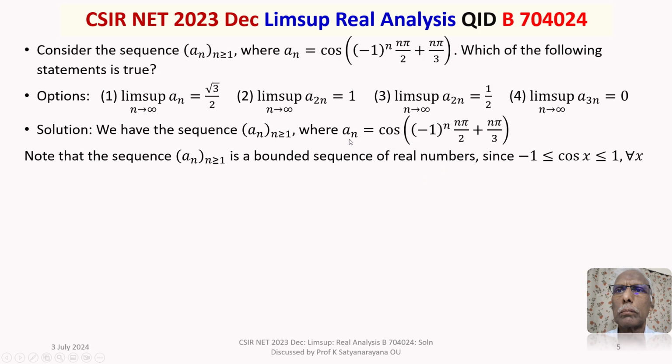Because every nth term involves the cos function, and we know minus 1 is less than or equal to cos x, which is less than or equal to 1, for all x. Therefore, the terms will lie between minus 1 and plus 1, including both. Therefore, it is a bounded sequence of real numbers.